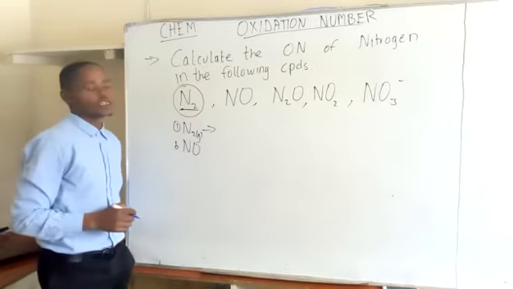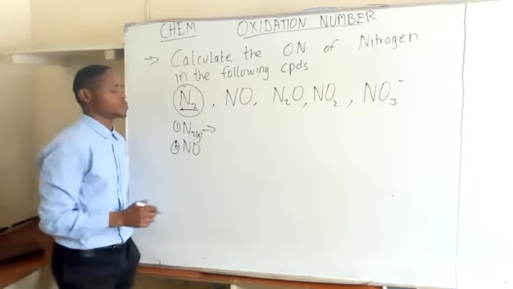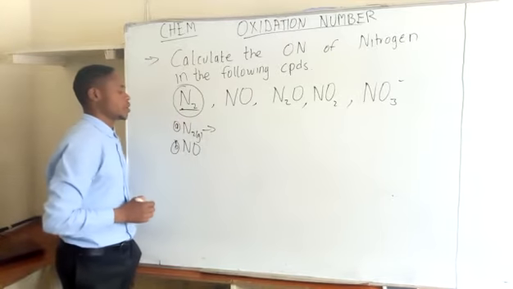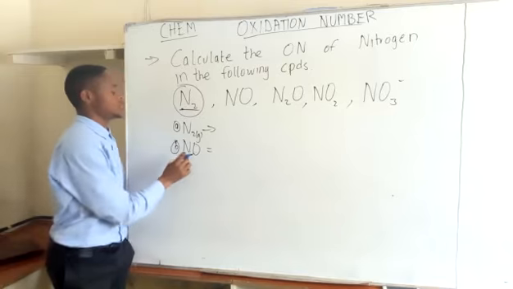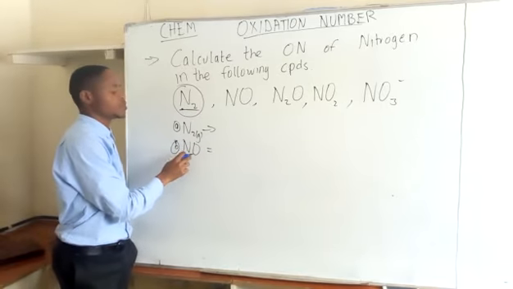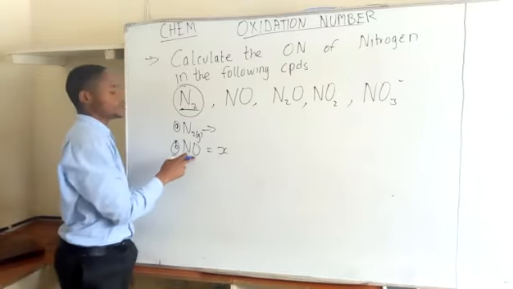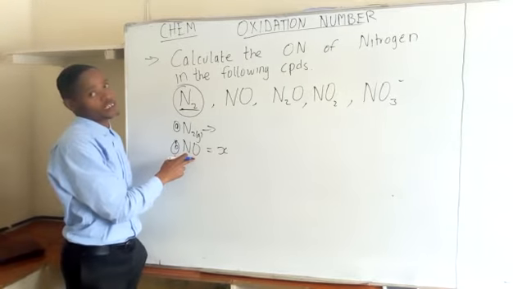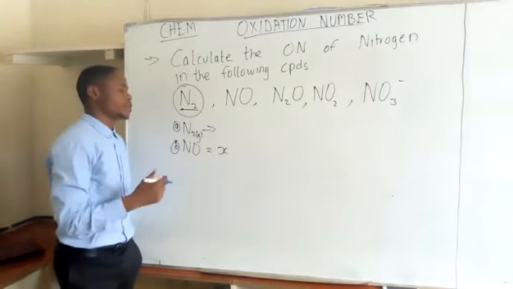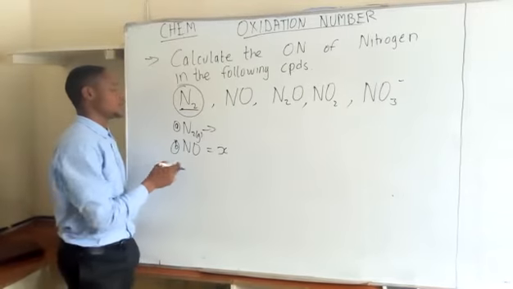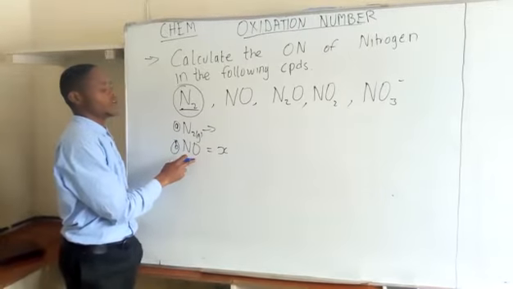Next, we have this one, NO. So what is the oxidation number of NO? Let the oxidation number of nitrogen in this compound be X. Of course we know the oxidation number of oxygen is always -2, apart from the exemptions that we talked about.